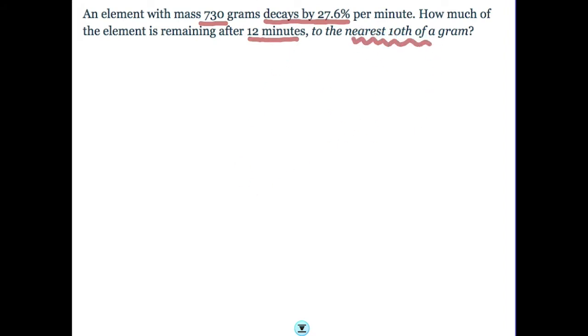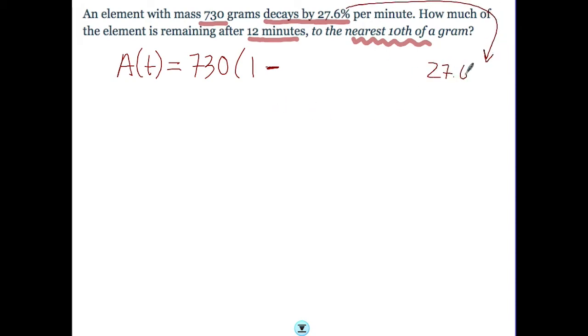Using the same formula, modified a little, the amount after time equals the original amount times a grouping that uses a subtraction symbol, with the rate 27.6 divided by 100, so 0.276. Then our exponent is time.